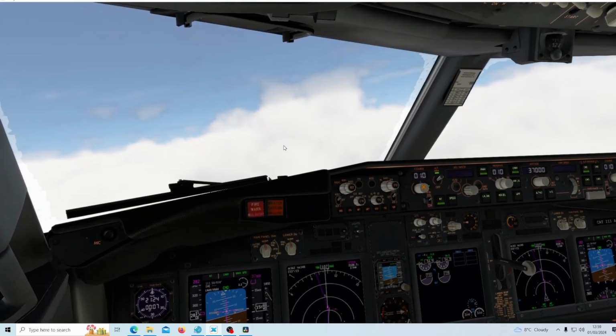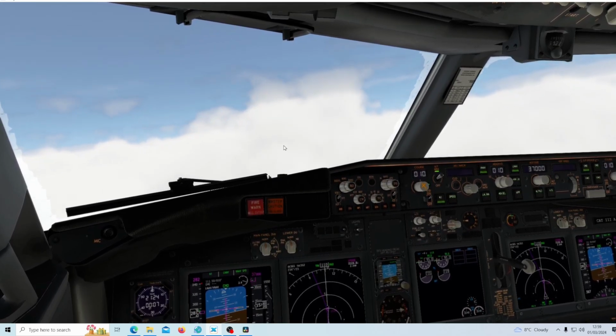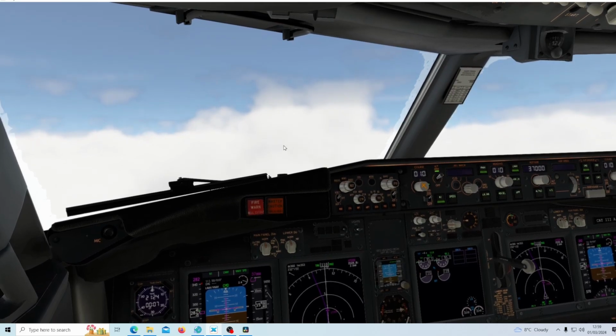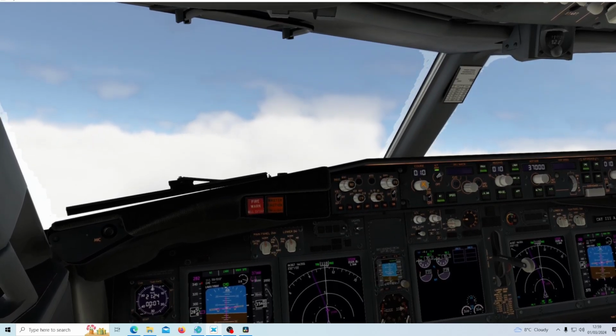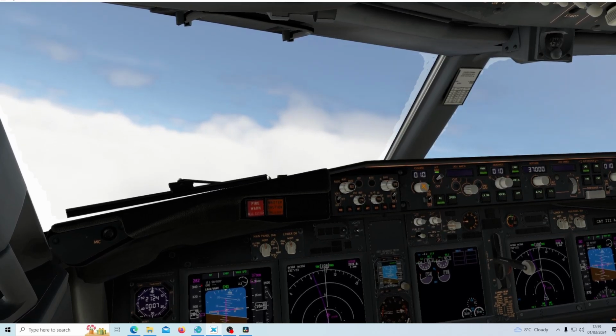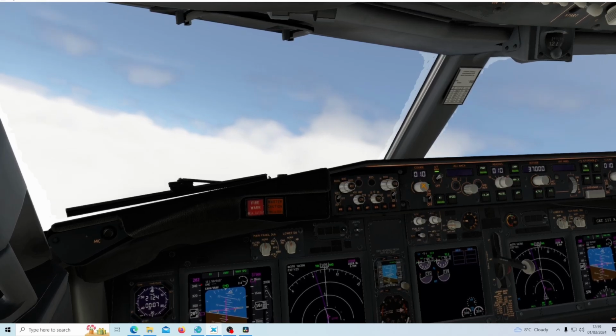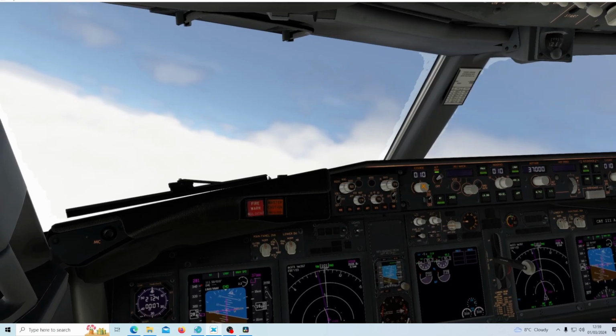So here we are, just coming up to 16,000 feet. In the simulator I set the clouds at overcast from 1,000 to 17,000 feet, and then we're going to have some clouds further up. As you can see here, we're more or less just reaching the top of the clouds.